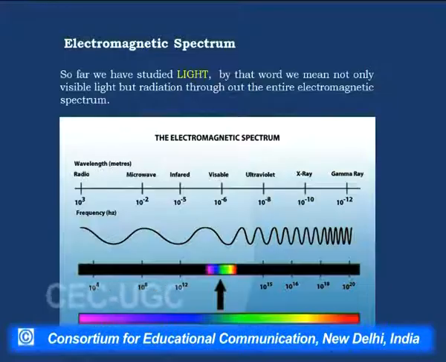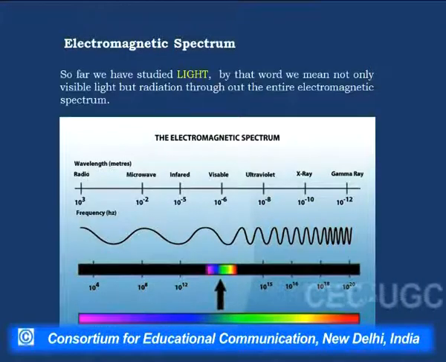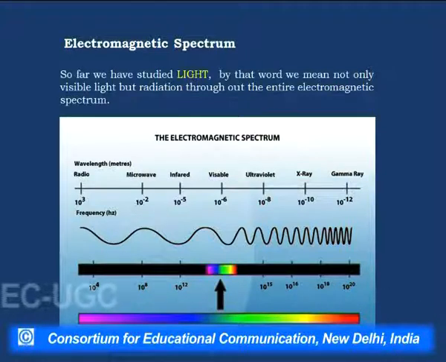As I have told you, this is an introductory lecture. The first important thing is that we all know about light, and by this word light, we not only mean visible light, but the radiation in the entire electromagnetic spectrum.